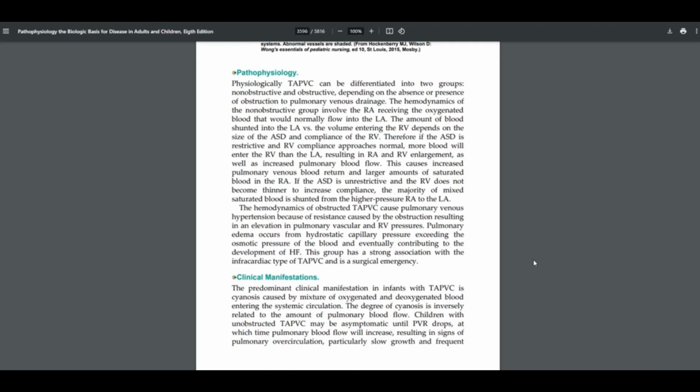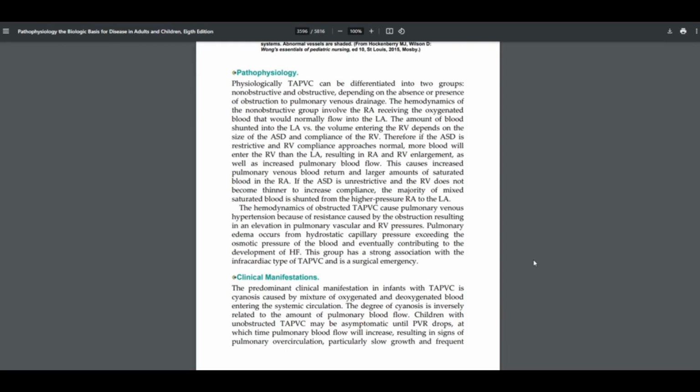If the ASD is unrestricted and the right ventricle does not become thinner to increase compliance, the majority of mixed saturated blood is shunted from the higher pressure right atrium to the left atrium. The hemodynamics of obstructed TAPVC causes pulmonary venous hypertension because of resistance caused by the obstruction, resulting in an elevation in the pulmonary vascular and right ventricular pressures.